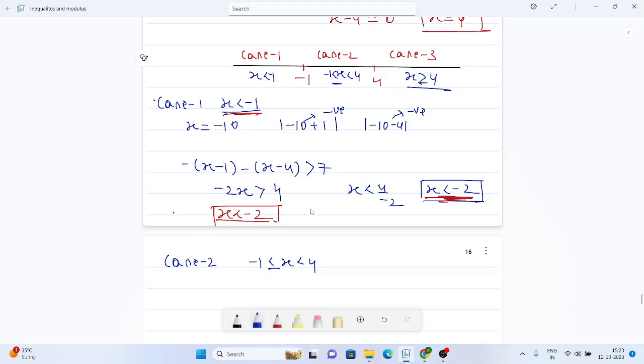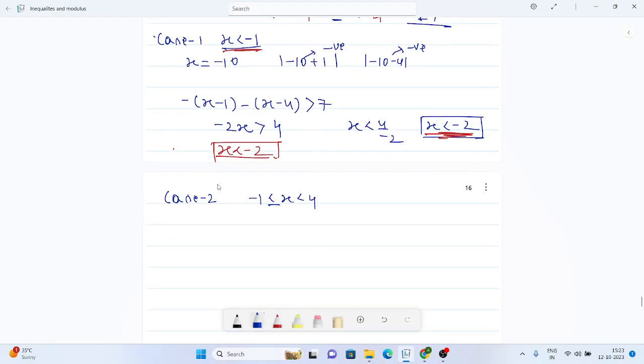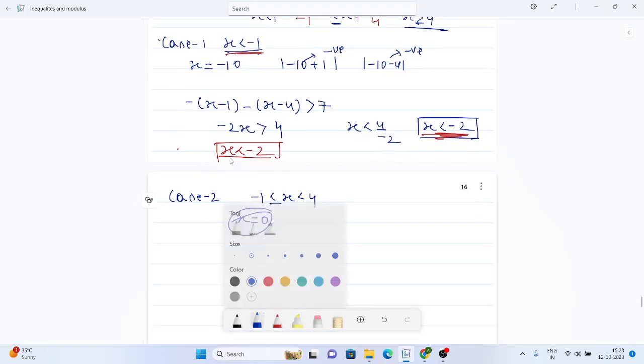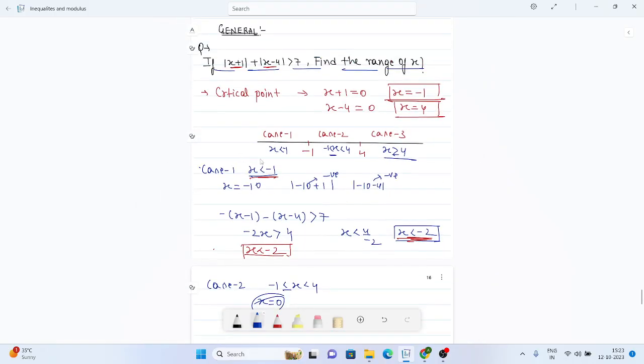So x is from minus 1 to 4, and again we put x equal to 0. How do we solve this? Just give me a minute.